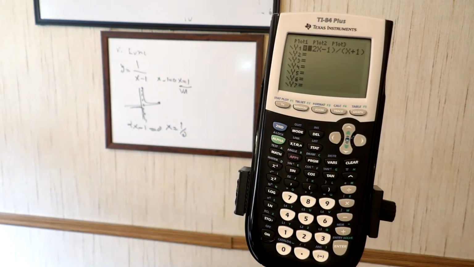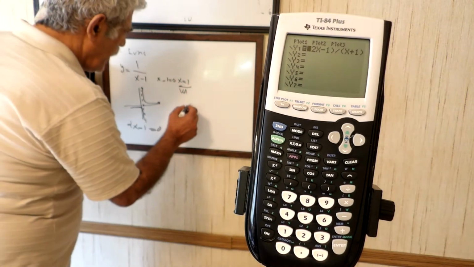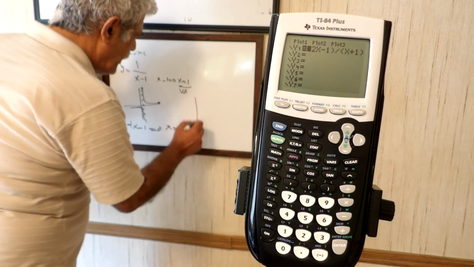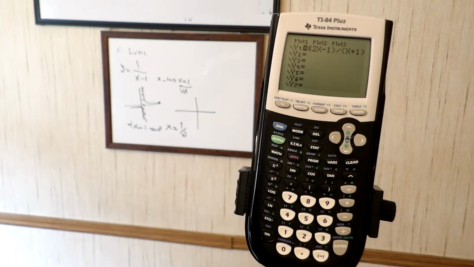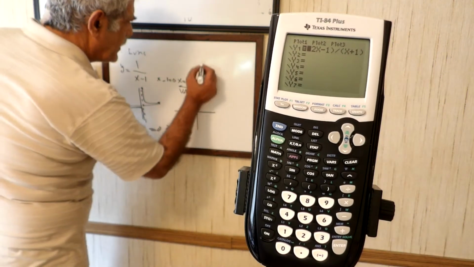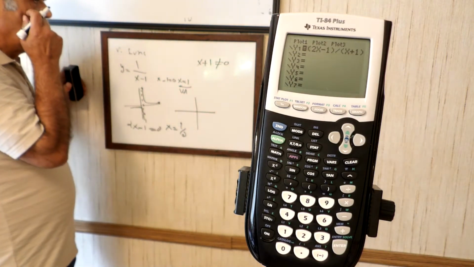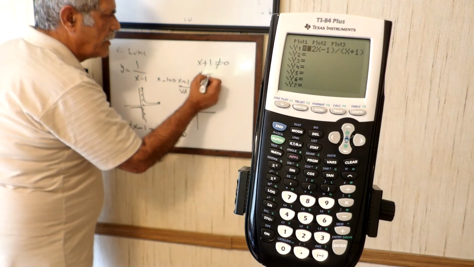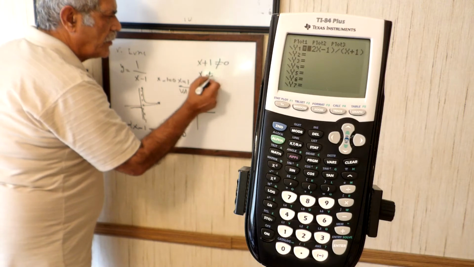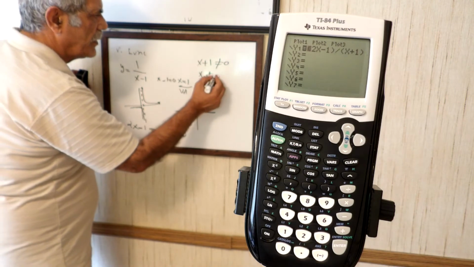And then we have in the denominator x plus 1. x plus 1 can't be 0; x can be any other number.